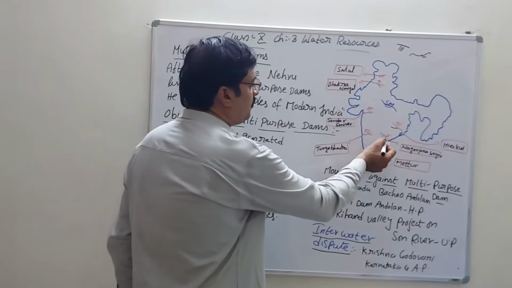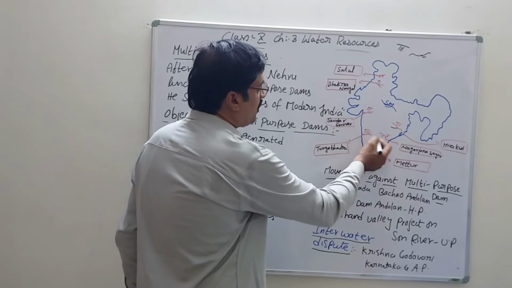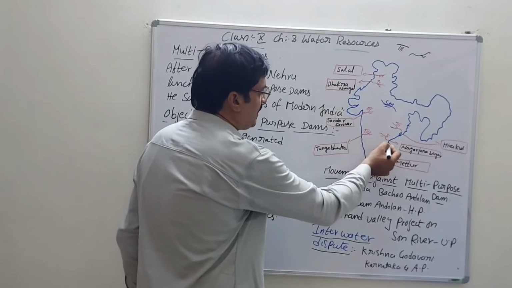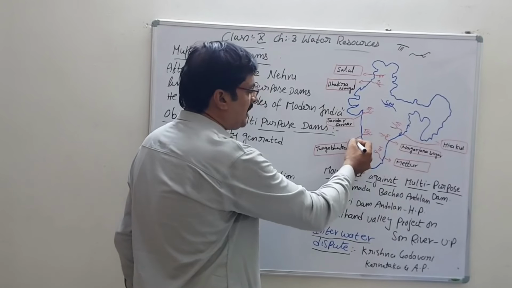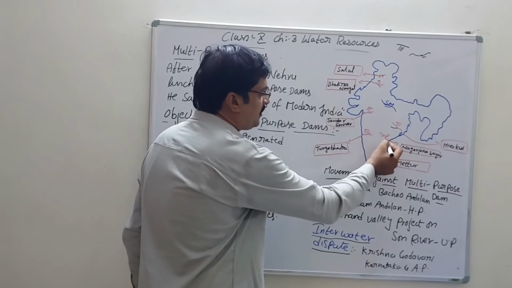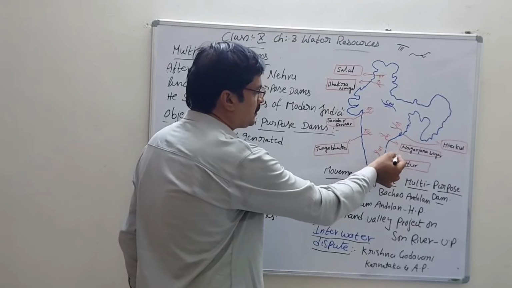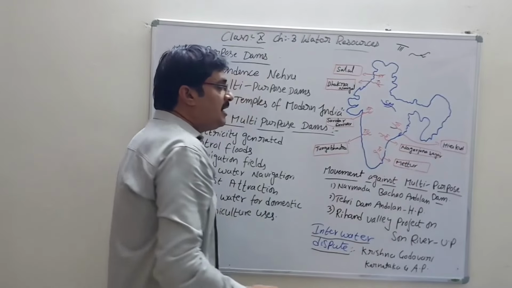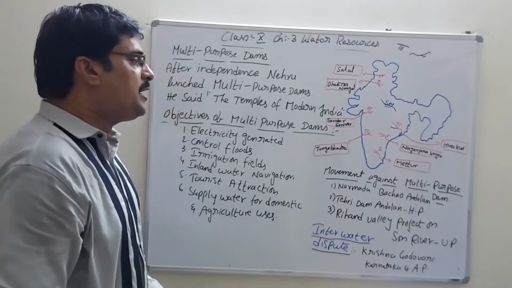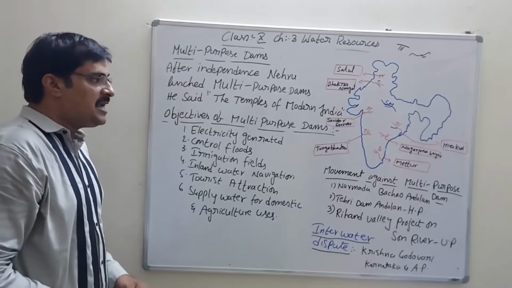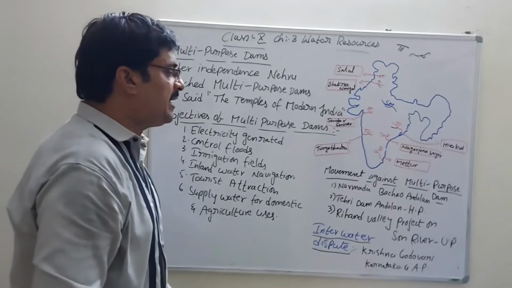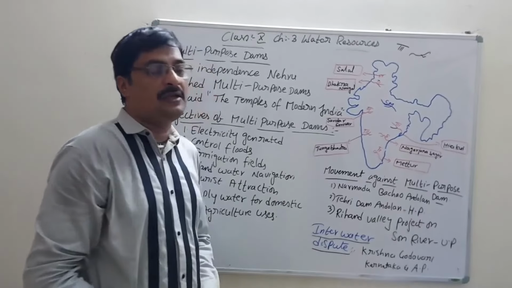River water flows from the Krishna to the Tungabhadra, and the Nagarjuna Sagar and Tungabhadra river water projects are constructed. According to the Tungabhadra project, there are some disputes between the two states.